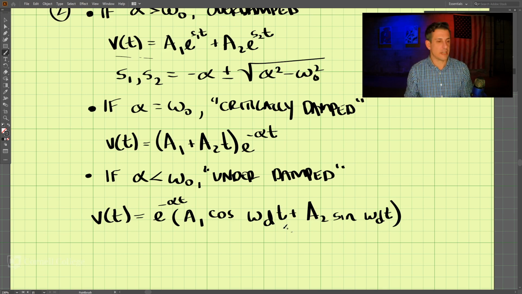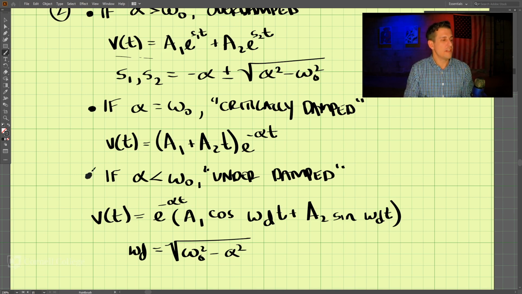So this is the condition, and here we have omega d is equal to the square root of omega naught squared minus alpha squared.